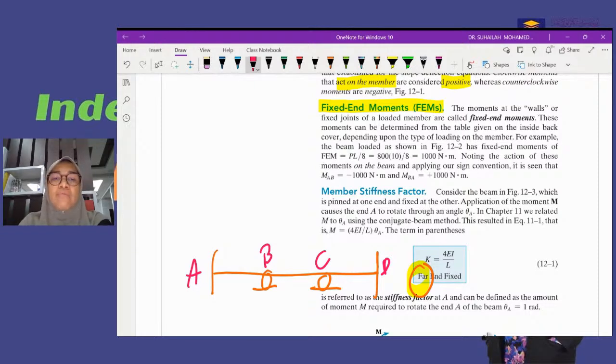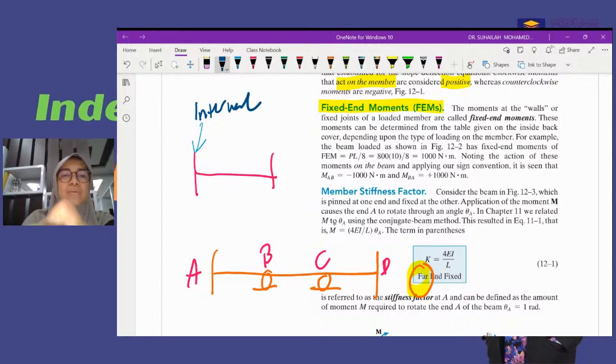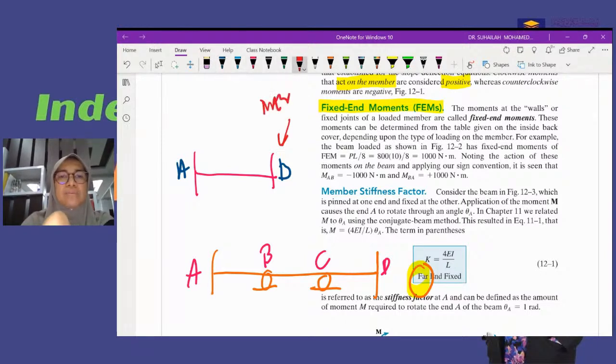For far end fixed, referring to this, one end is internal. If this is A and this is B, B is internal.